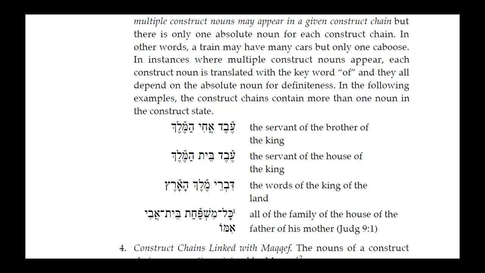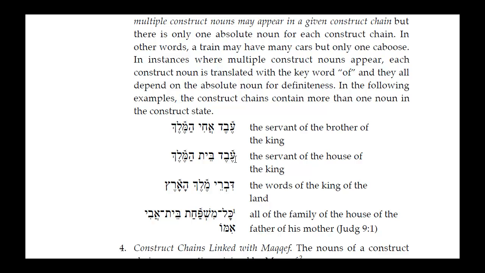Let's look at some examples here. We have Eved Achi Hamelech, the servant of the brother of the king. These two construct nouns, Eved and Achi, are definite because the absolute noun Melech has a definite article, Hamelech. We have Eved Beit Hamelech, the servant of the house of the king.